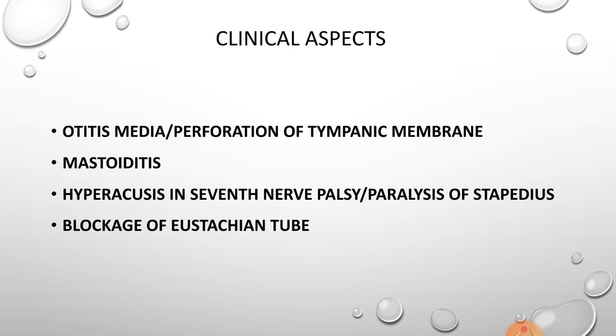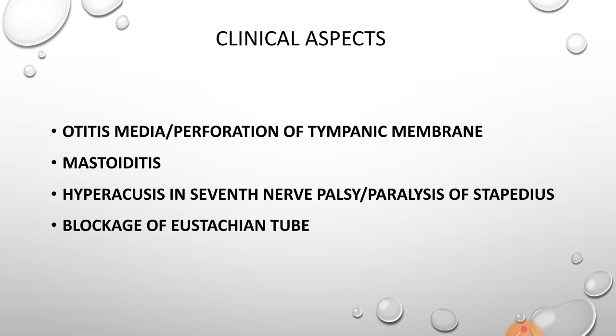And infection of the middle ear is often secondary to upper respiratory infections. Inflammation and swelling of the mucous membrane lining the tympanic cavity may cause partial or complete blockage of the pharyngotympanic tube, and the tympanic membrane becomes red and bulges, and then the person may complain of ear popping.